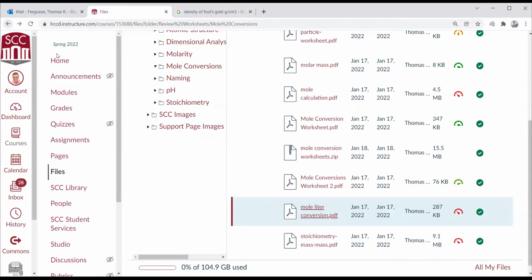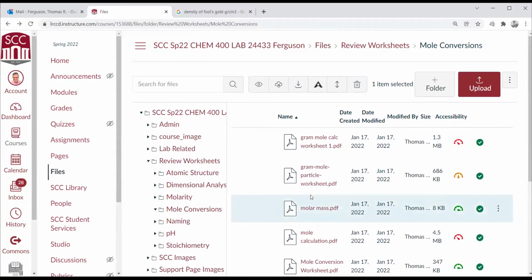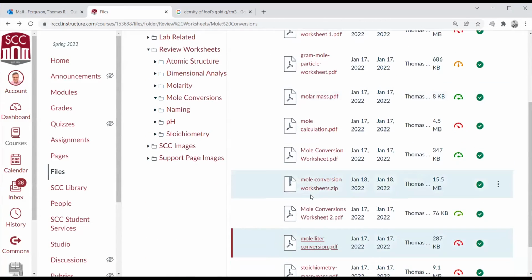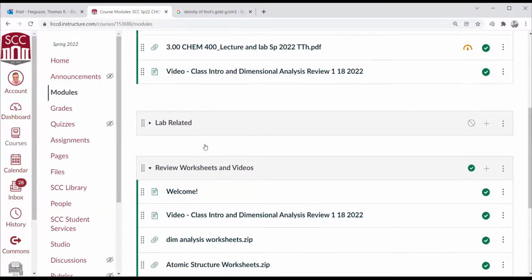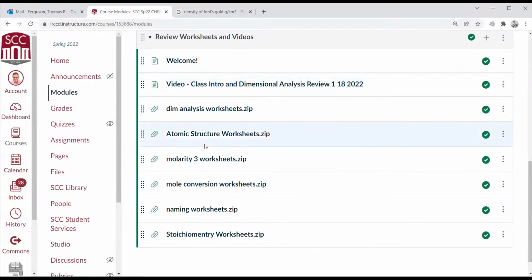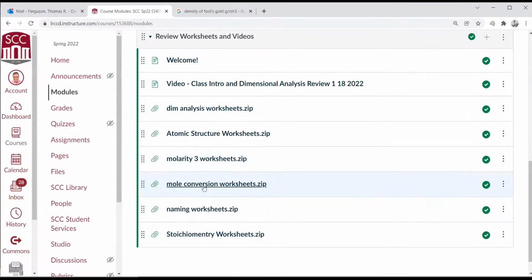It's under all these. So I've given you lots and lots of practice. The mole conversion worksheets zip file is if you want all the worksheets together, and that's under modules. Under mole conversion worksheets.